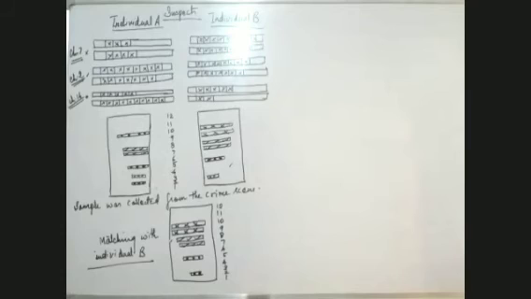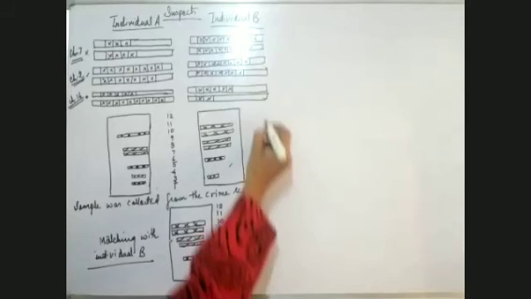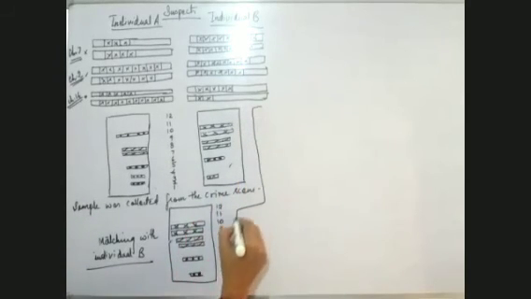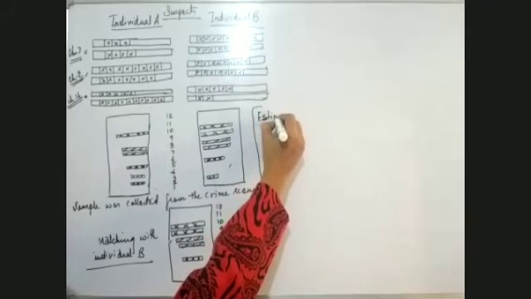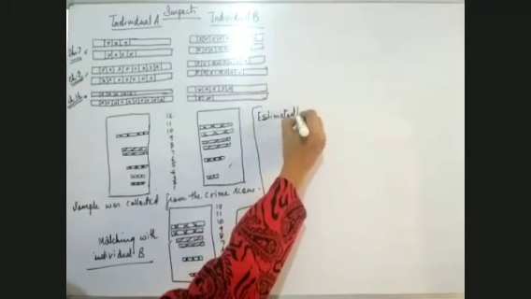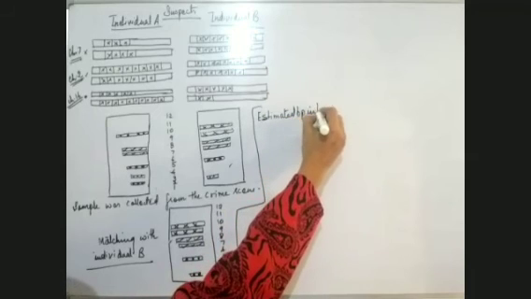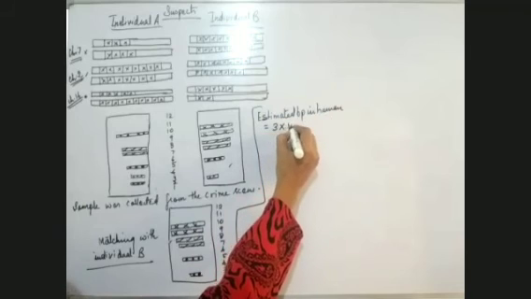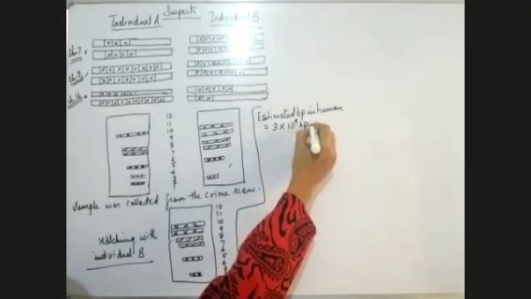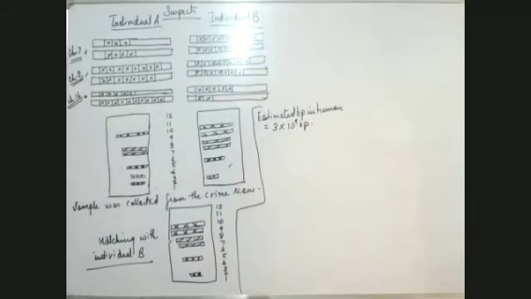So it was estimated that in humans there are 3 into 10 raised to power 9 base pairs.